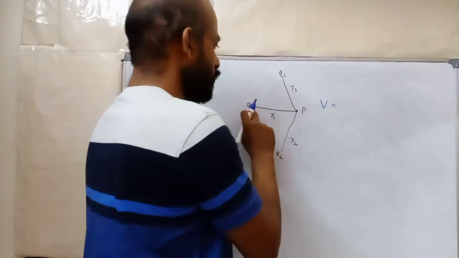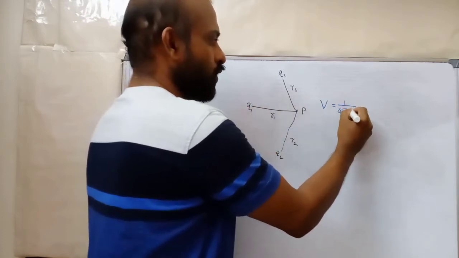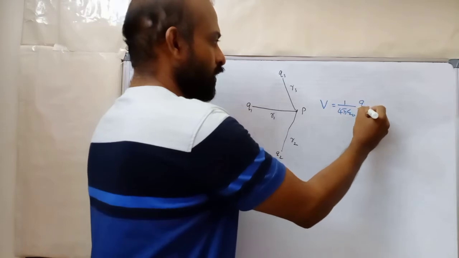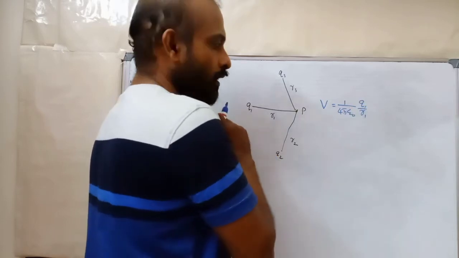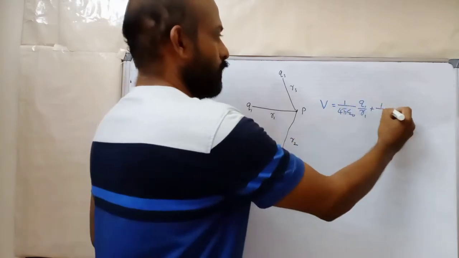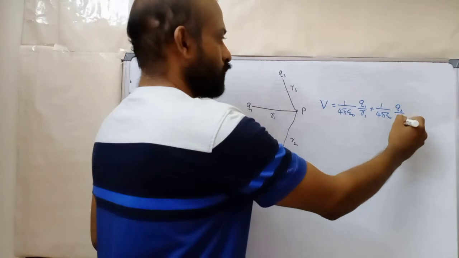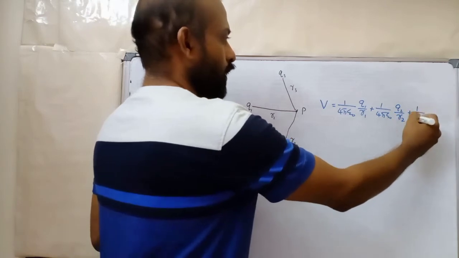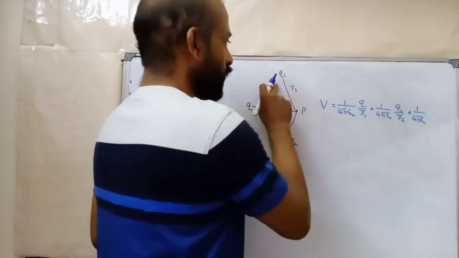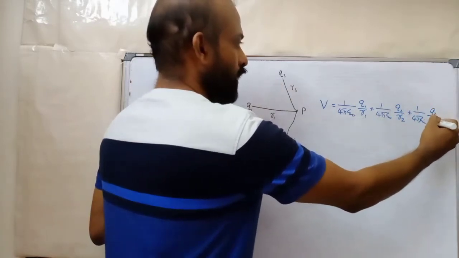Due to a point charge, we have the equation 1 by 4 pi epsilon 0 charge divided by distance: Q1 by R1, plus potential due to this charge, 1 by 4 pi epsilon 0 Q2 by R2, plus 1 by 4 pi epsilon 0 for this charge, Q3 by R3.